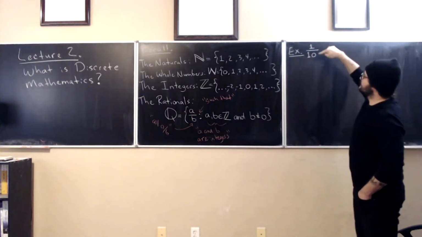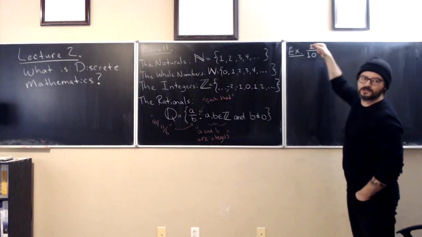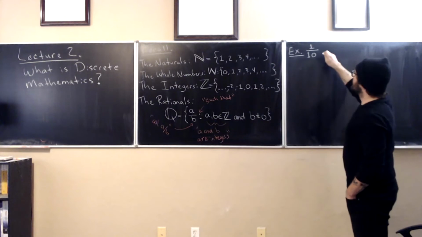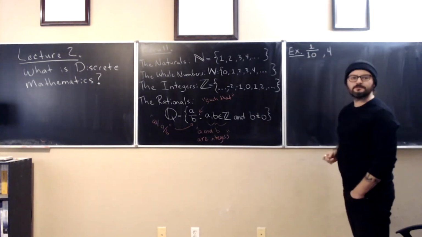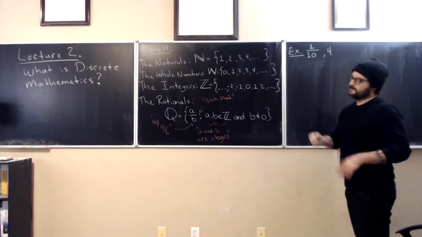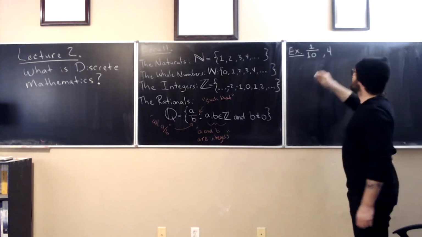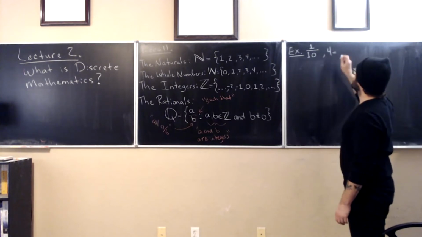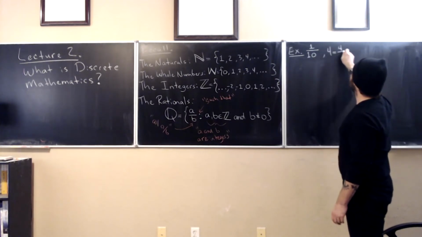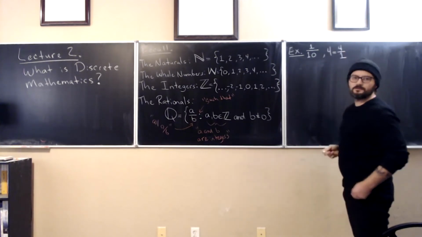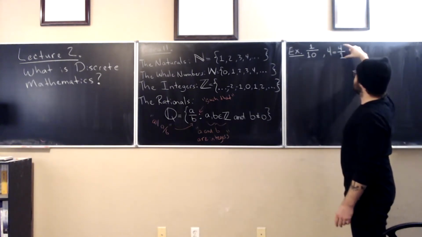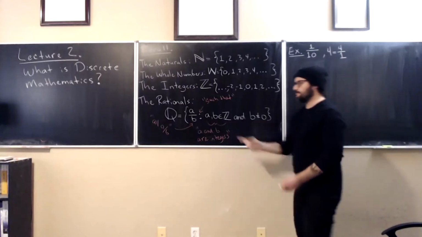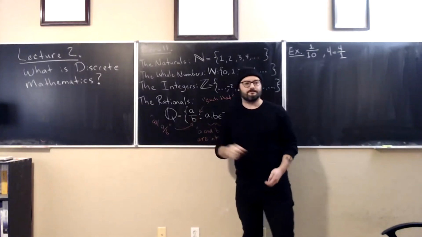That's a ratio of integers, and the denominator is non-zero. Another example would be 4. 4 is a rational number because 4 is equal to 4/1. Because I can write 4 as a ratio of integers, it must belong to this set.